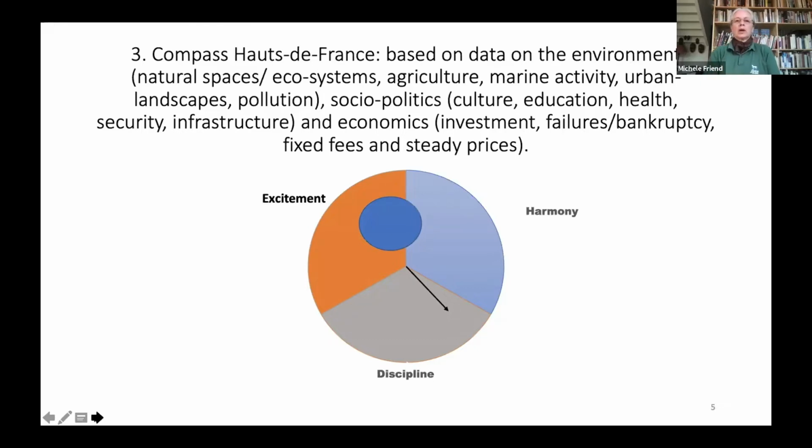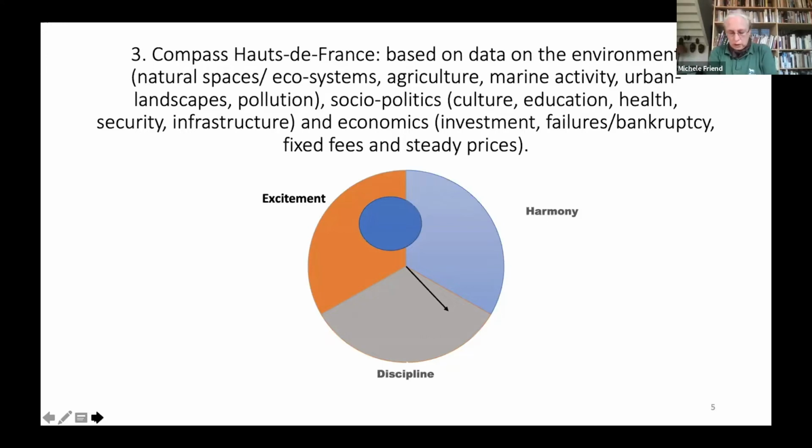circle. And the compass is based on data on the environment, and data on the environment has to do with how much of the area's natural spaces, and we find that there's actually not very much natural space in Hauts-de-France. But there's a lot of agricultural space.